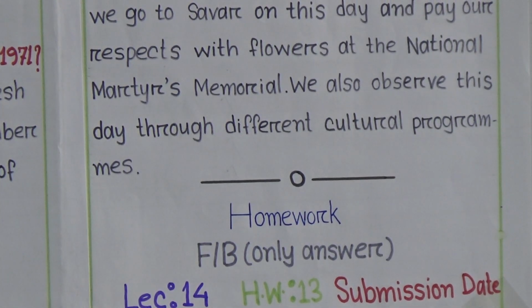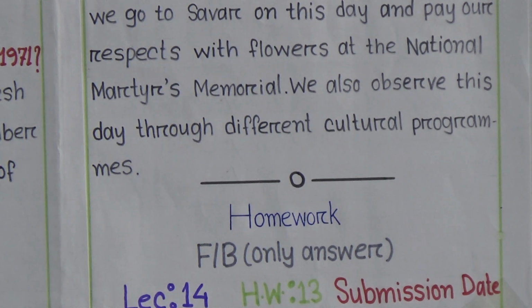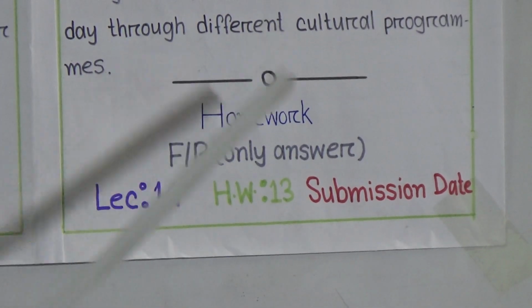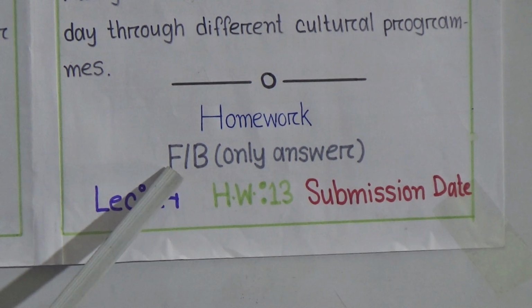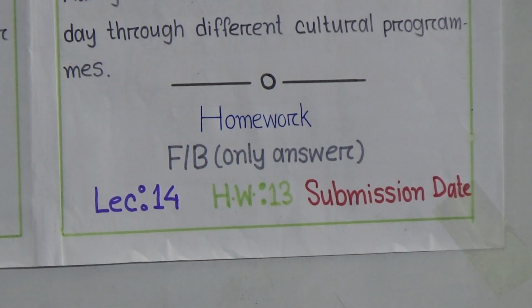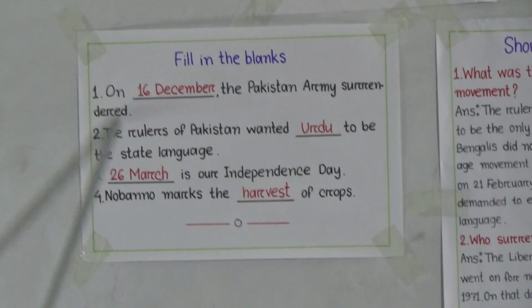Now, I'm giving your homework. Your homework will be, fill in the blanks, only answer. You have to write these 4 fill in the blanks in your SW copy. No need to copy the questions.